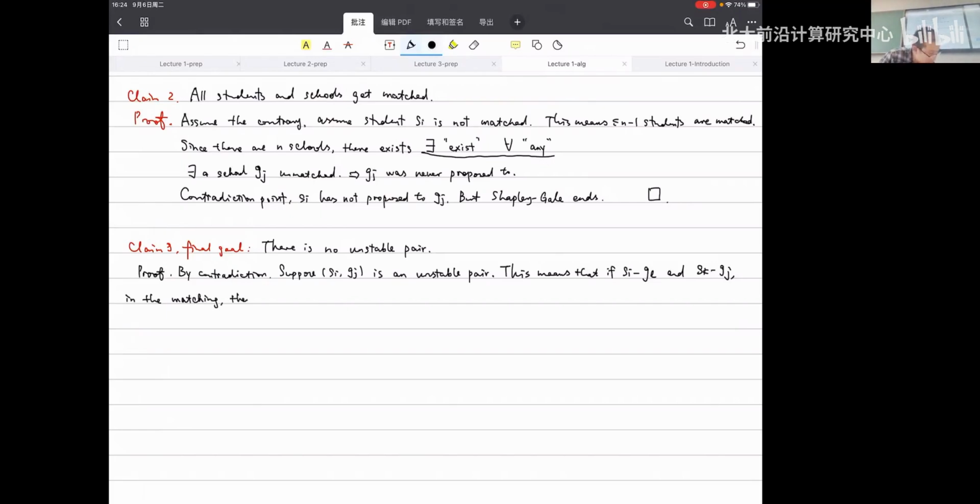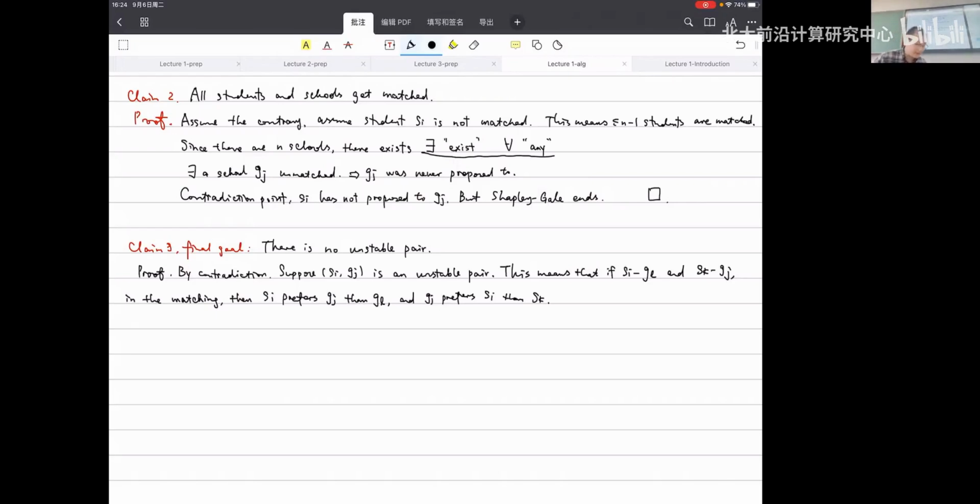Then, since we are talking about an unstable pair, it must be the case that SI prefers GJ to GL, and on the other hand, from the perspective of graduate schools, GJ should prefer SI to SK.